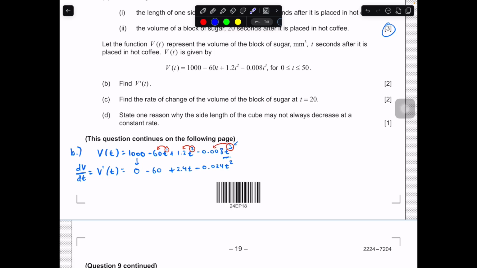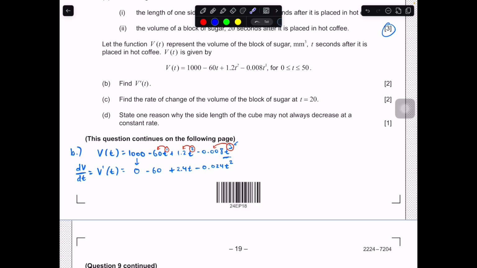And here, part C, they're asking us to find the rate of change of the volume of a block of sugar. So here's volume. Remember, the derivative gives us, this is what this notation, this dv dt, shows us maybe more clearly. It says change in volume as a function of time, or yeah, this is exactly what it is. Change in volume over change in time.